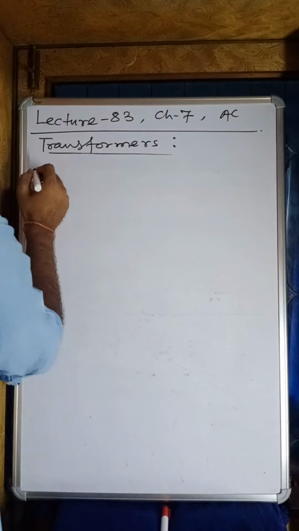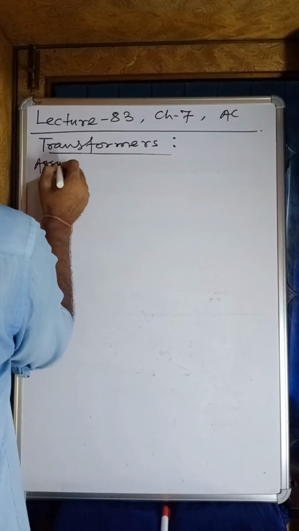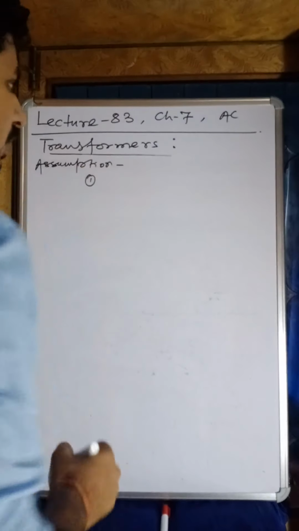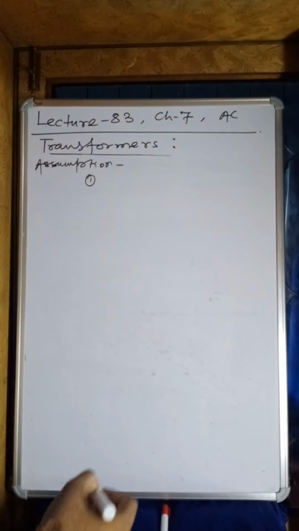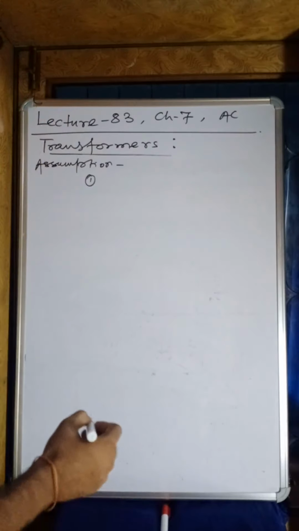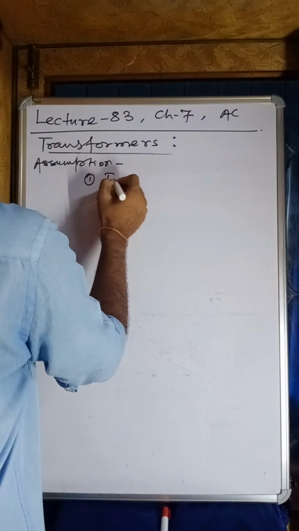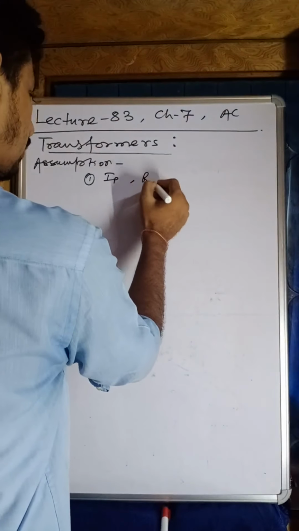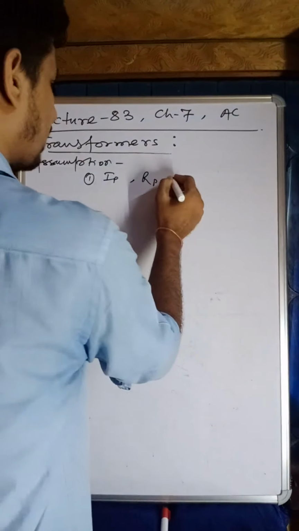These assumptions are: on these assumptions we will do the calculations. The first assumption is about the primary current, the current in the primary coil, and its resistance. The resistance of the primary coil should be very small.